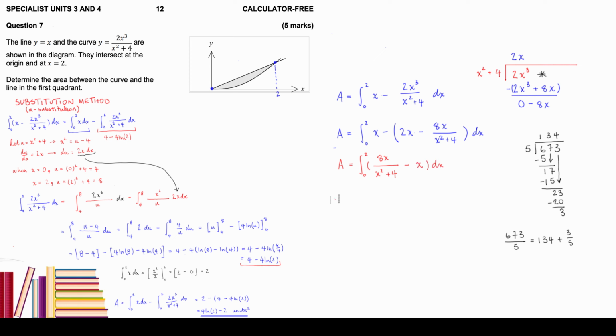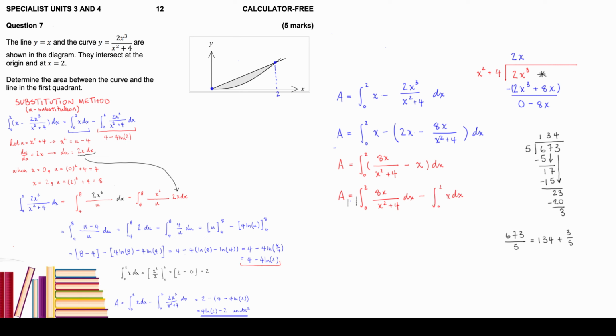Now, just for clarity, guys, let's split this integral. So we have the area is equal to the integral from 0 to 2 of 8x over x squared plus 4 dx minus the integral from 0 to 2 of x dx.